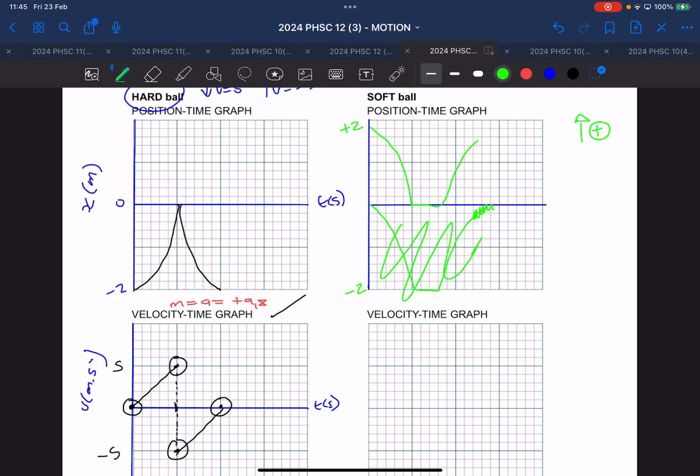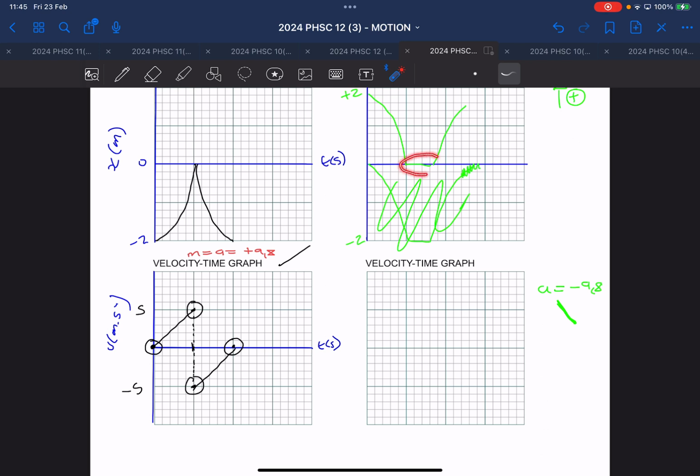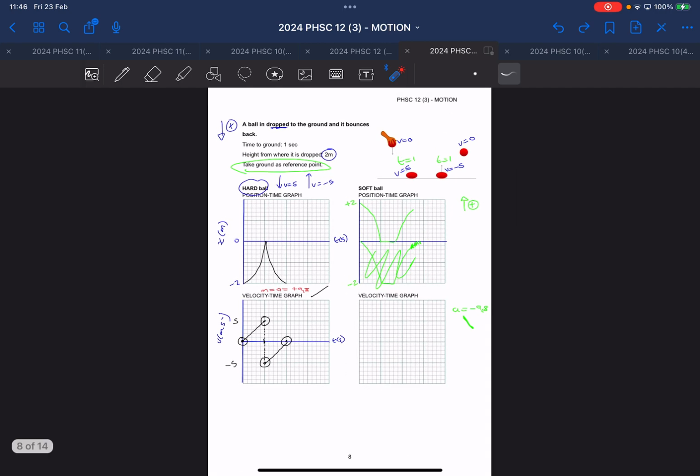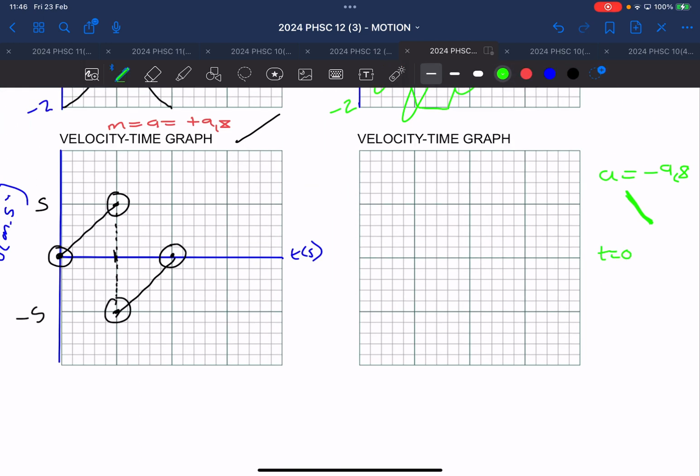Okay, and now in our velocity versus time graph, our acceleration is -9.8. So our gradient should look like that. It's not going to be exactly the same because some time is lost with contact with the ground. So your graph would look like this. At time 0, the velocity was 0.